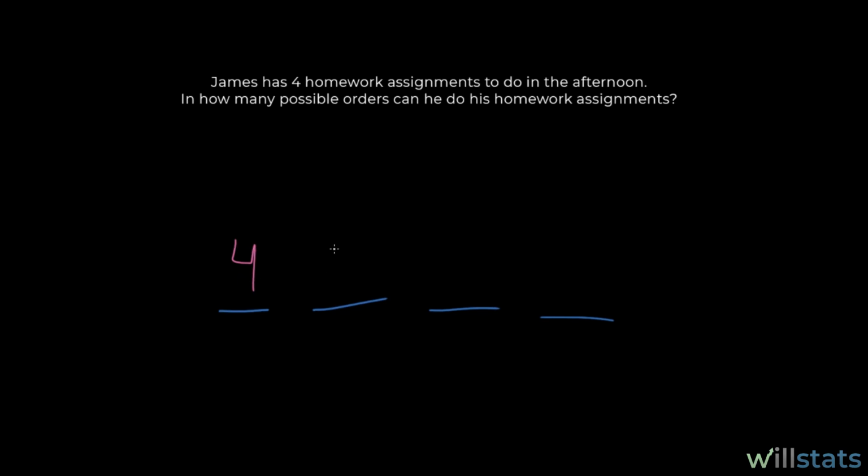After he chooses one, he can choose from the 3 remaining ones. After that, there are 2 remaining ones to choose from. And then there's the one assignment that he left for the end. So we can multiply these together, and we'll find that he has 24 possible orders that he can do his homework assignments.